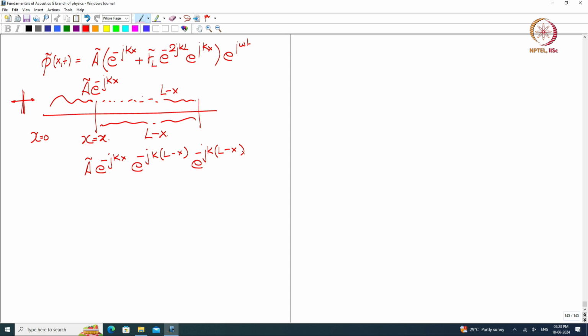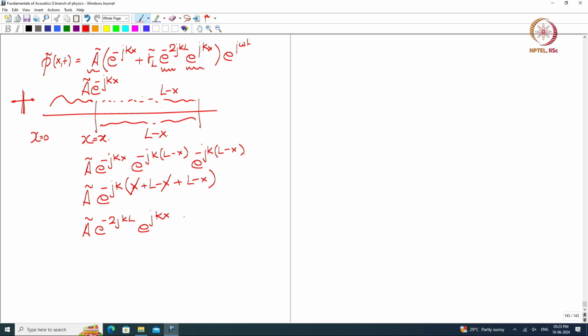Okay. If we add all that up, A tilde e to the power of minus j k [x plus (L minus x) plus (L minus x)]. So this x goes. So I get A tilde e to the power of minus 2 j k L e to the power of j k x. Okay, that's what I have.